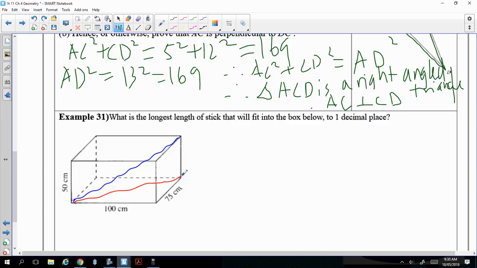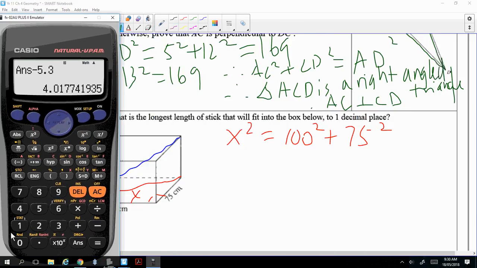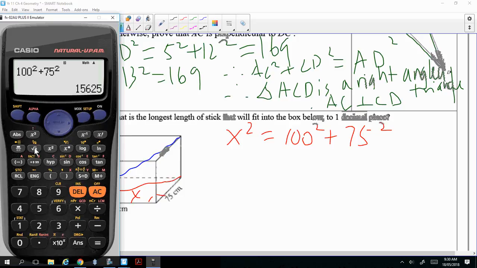X squared equals 100 squared plus 75 squared. And then use your calculator, and then you square root.